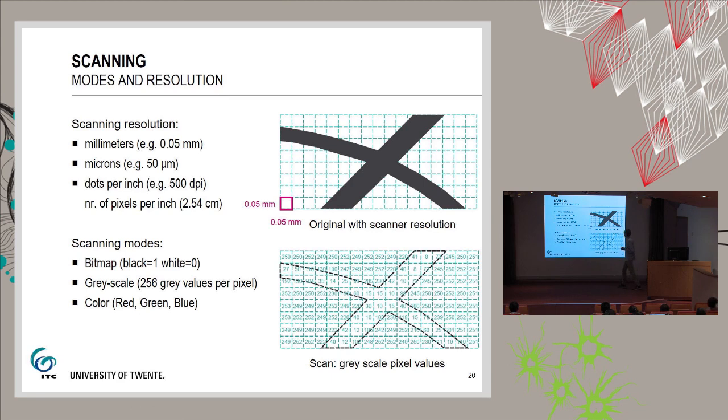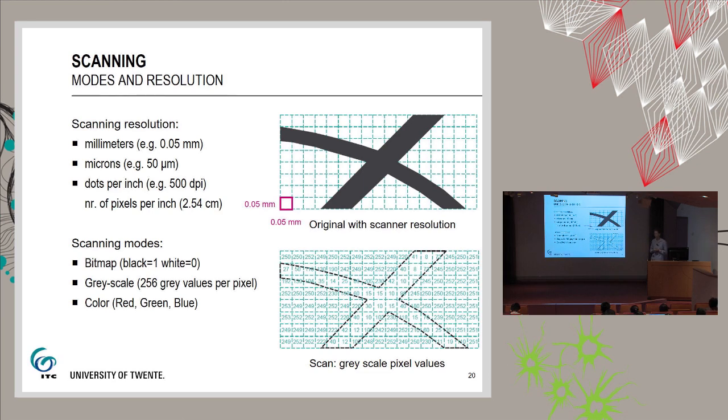Now here you have, for example, DPI 500 pixels per inch. Yeah? 500 dots per inch. That could be a scanner resolution. And here as you see the document, the lines which are resolved by means of pixels. And here the size is 0.05 millimeters. Yeah?